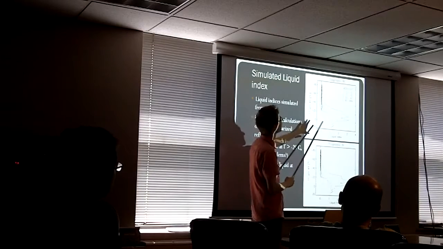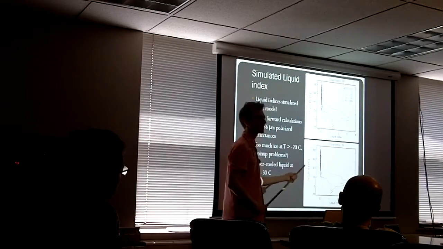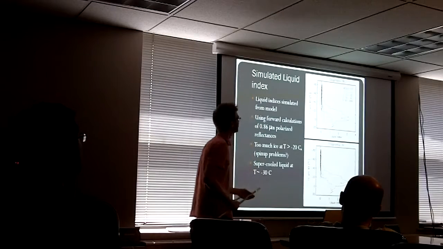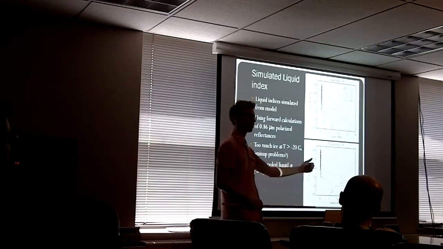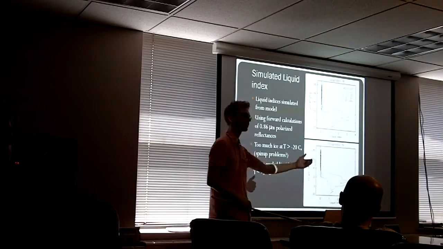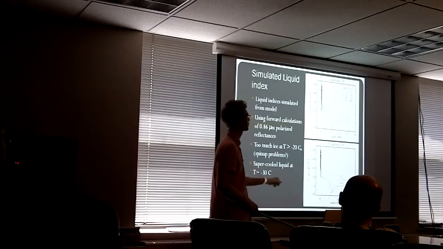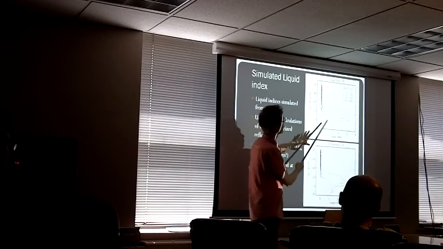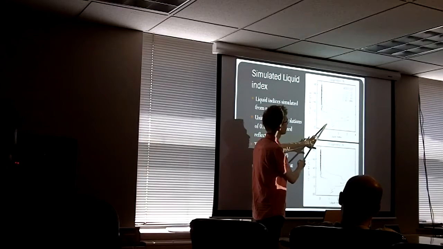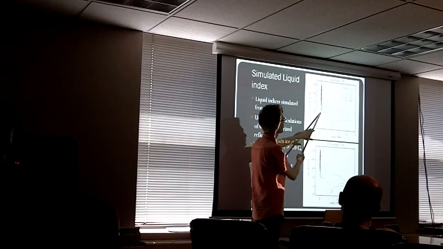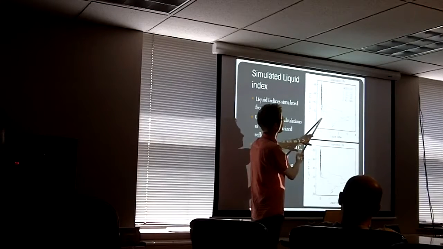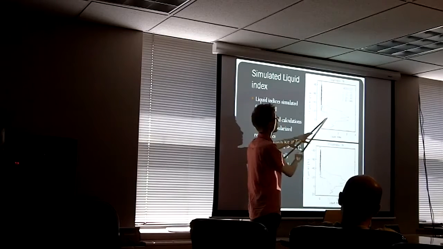So this is the diagnostic IN, liquid index simulations. So I forward simulated the polarized reflectance and you derive the liquid index from that, the same way as I do for the measurements. In the diagnostic IN treatment, well, I hope maybe you can see it, but there are all these points here where it's out of the envelope.